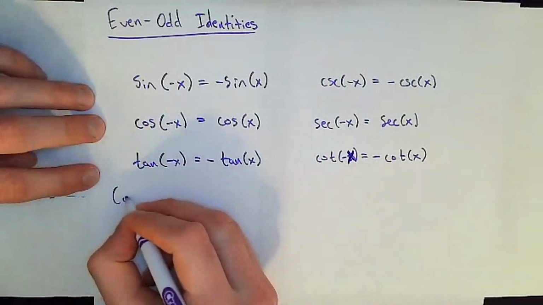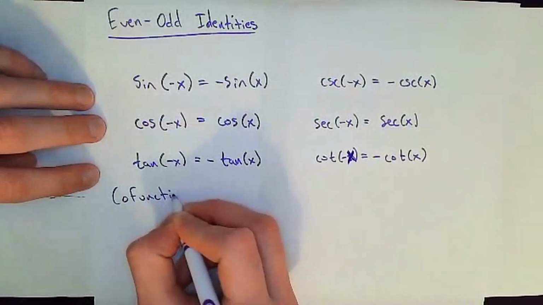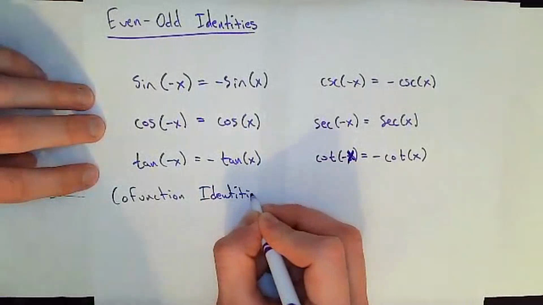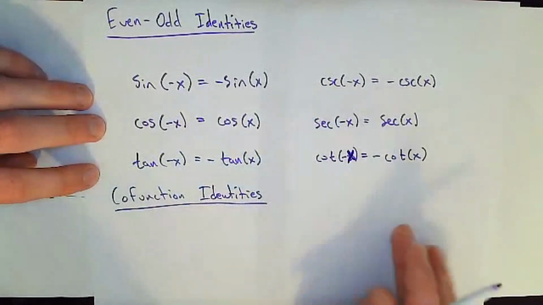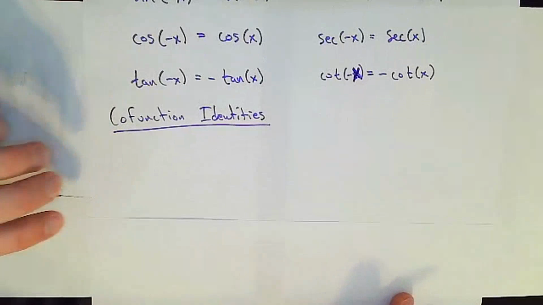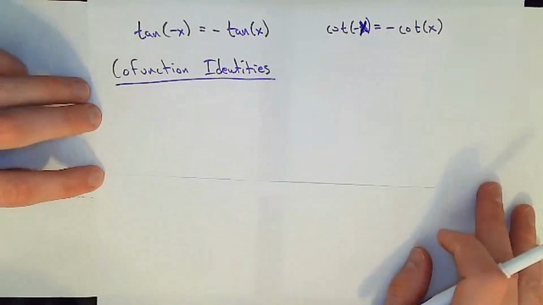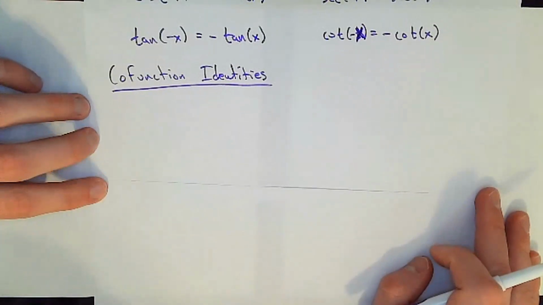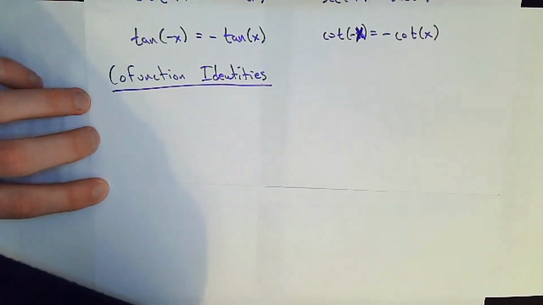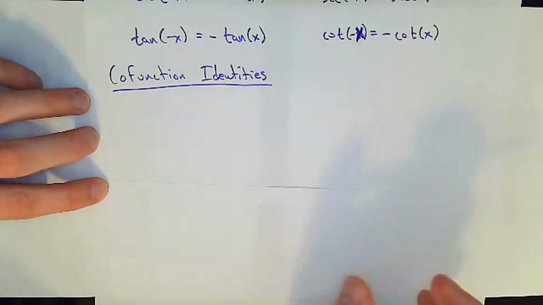All right, now we have cofunction identities. This is just relating, and I've pointed this out several times, especially on the graphs, that sine and cosine are related to each other just by shifting, right?